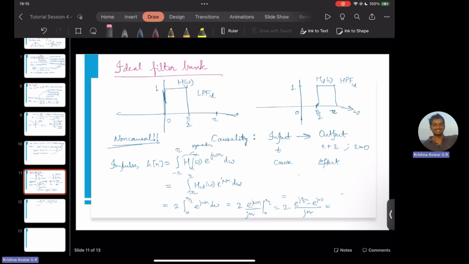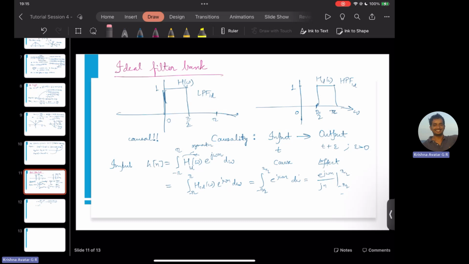So we can write it down as it will only be non-zero for minus pi by 2 to pi by 2, e to the power j omega n d omega, and it results in e to the power j omega n divided by jn from minus pi by 2 to pi by 2. And this leaves us with a very simple expression.